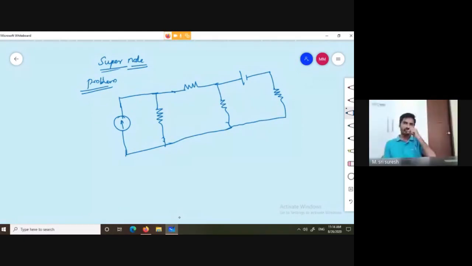Now see here how many principal nodes there are in this particular circuit. I'm writing the values of the resistances.